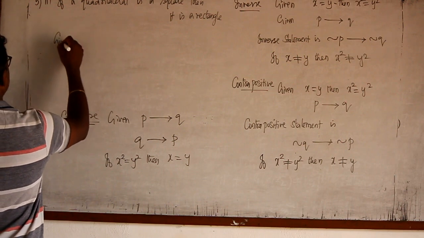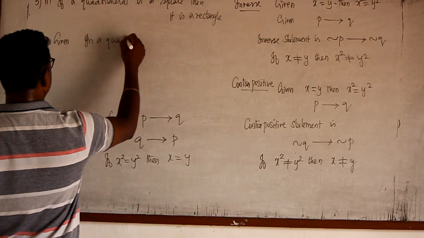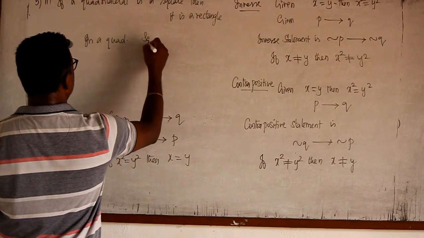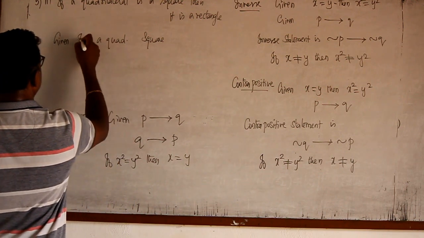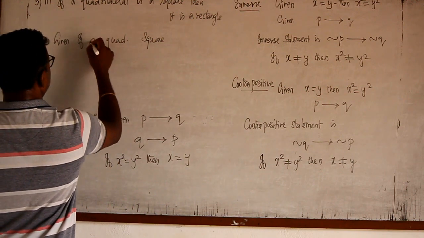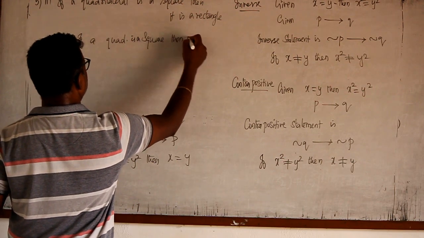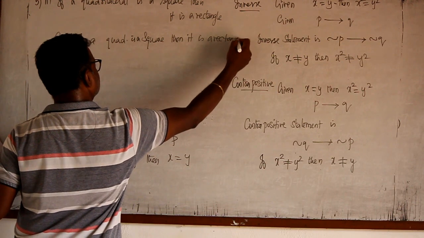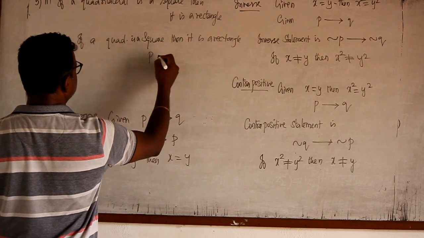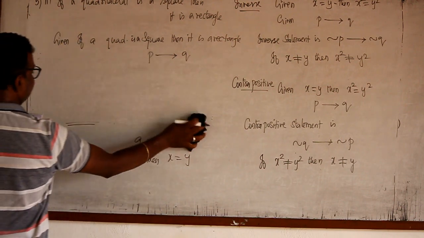So given, in a quadrilateral, if a quadrilateral is a square, then it is a rectangle. The square term is P, and the rectangle term is the Q statement.